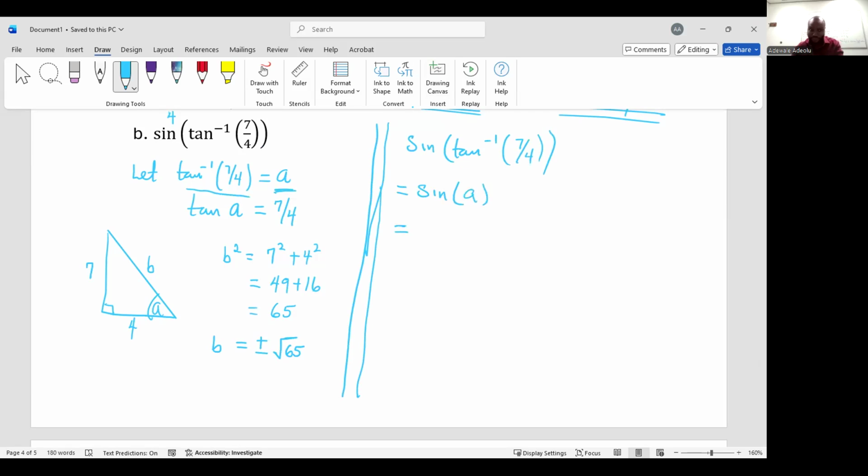And what is sine of A? Well, sine of A is opposite over hypotenuse, what we find here. And again, I will claim that my value here is positive. See, tangent is positive here. If I return to this, tangent is positive here.